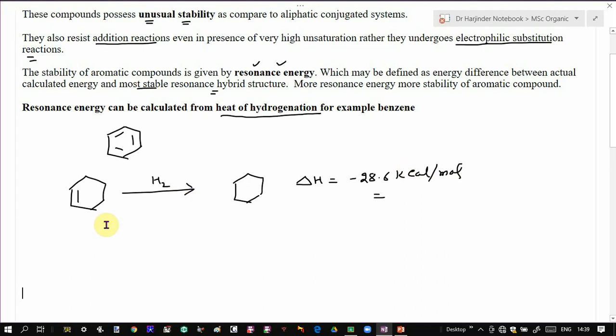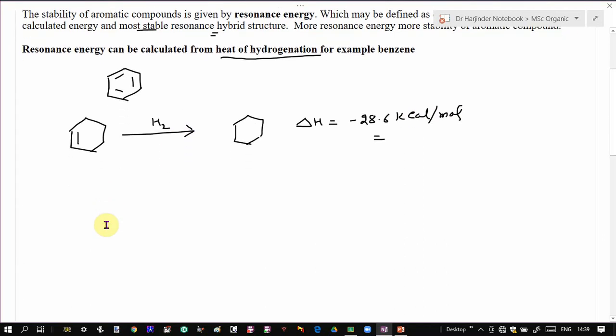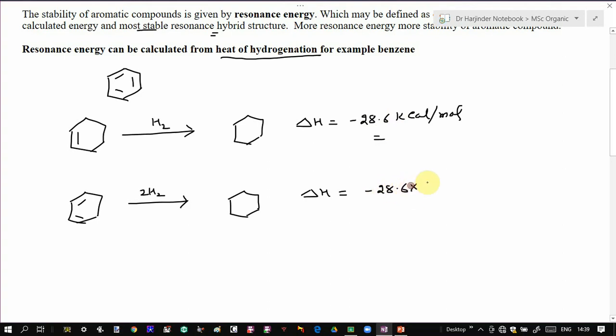Now if you take two double bonds inside the ring, then for one double bond this much energy is released. If you do their hydrogenation, that means you have to add two molecules of hydrogen. Again you are going to get cyclohexane, and the expected value of energy, since for one double bond this much energy is released, for two double bonds we have to multiply this energy by 2.